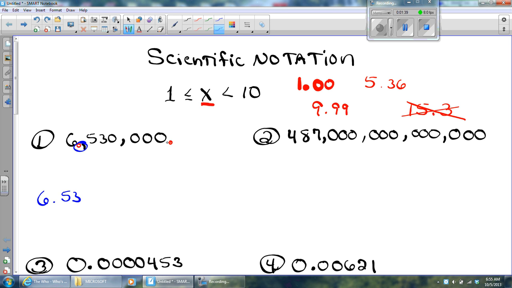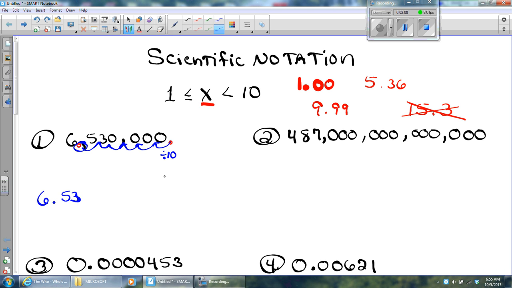Well, I could divide it by 10. Divide by 10. Divide by 10 again. Divide by 10 again. Divide by 10. Divide by 10. Divide by 10. Okay? But the problem is, if I'm supposed to give you $6,530,000 and I give you $6.53, there's a little problem there, isn't there? We can't just change a number because we want to.